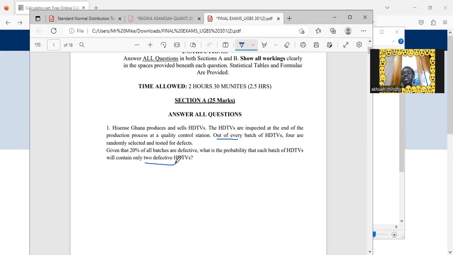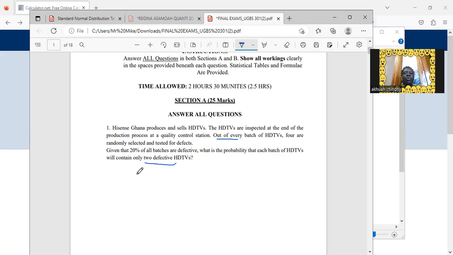With this one, the question gave you 20% defective, and it is asking you to find for non-defective, so the probabilities will be different. So you have to first know what the question is asking you to do, and then the preambles.